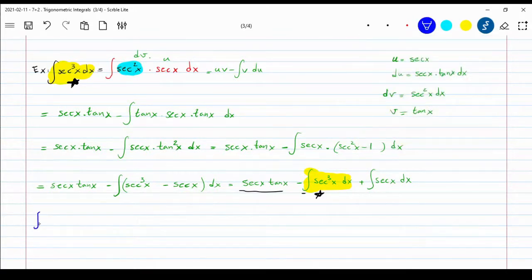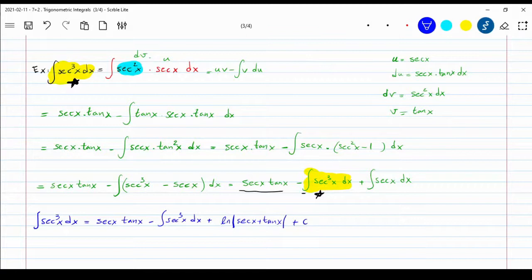We started with this integral of secant cubed x dx, and we ended up with secant x tangent x minus the integral of secant cubed x dx, and plus, by the way, we know the integral of secant x dx, that one we already learned, it is ln absolute value of secant x plus tangent x, plus some constant.